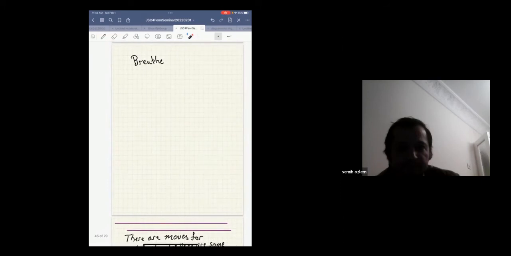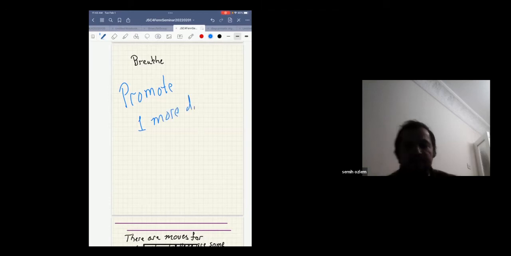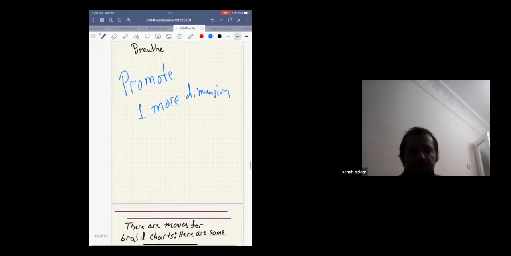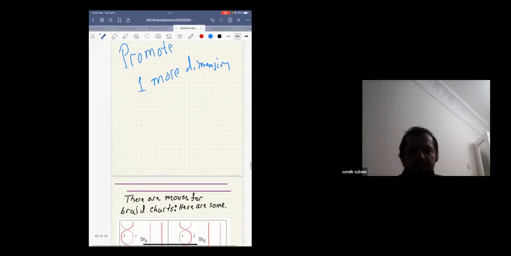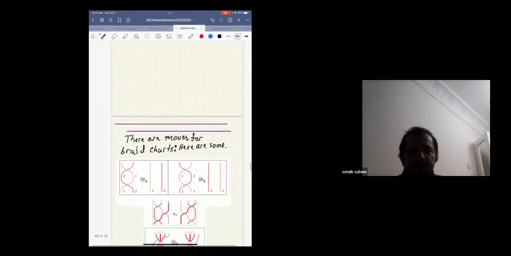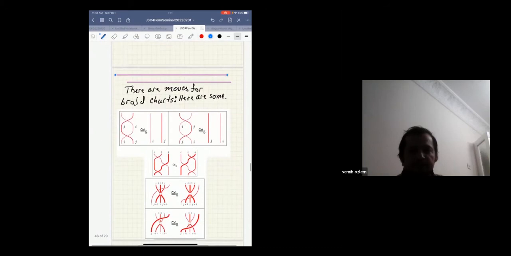So we're going to promote things one more dimension. And so there are moves for braid charts. Here are some of them. Many of them are quite obvious.